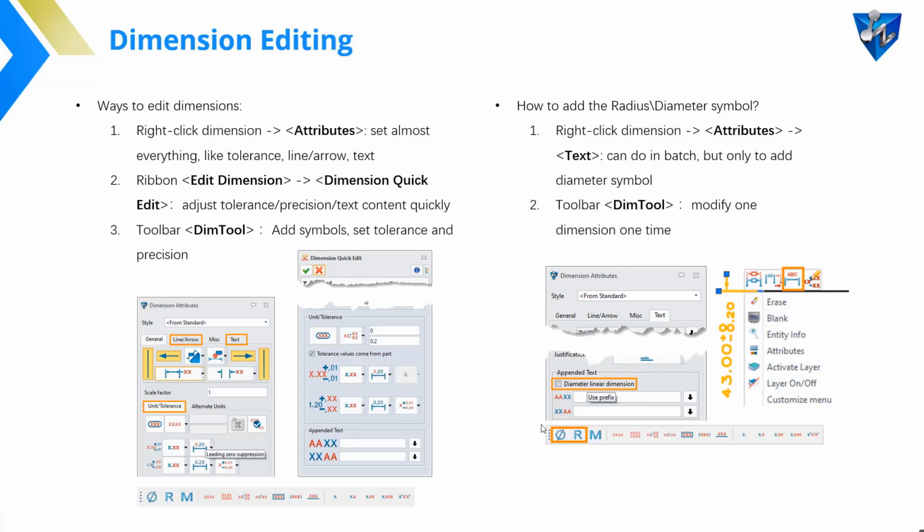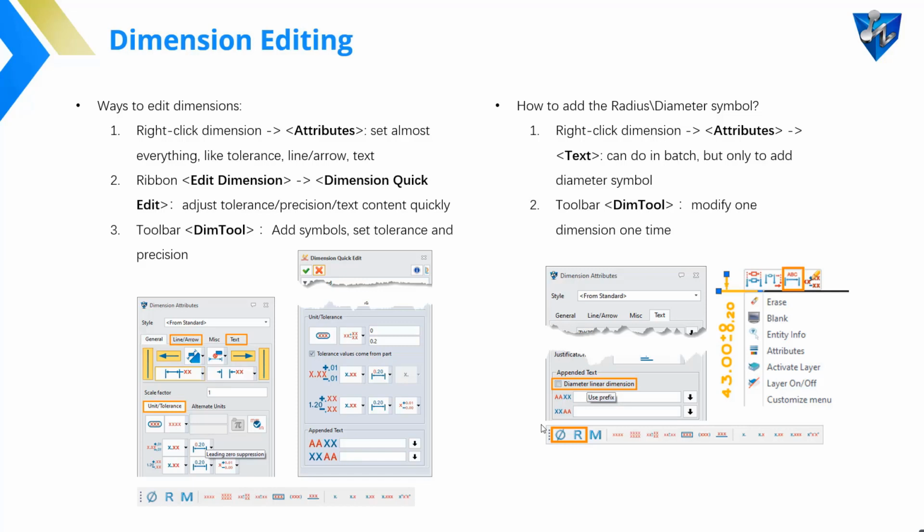Okay, after we create the dimension, we need to edit the dimension. So there are several ways to edit the dimensions. One is through the dimension attribute. We can set almost everything, and also we can modify the dimension from the ribbon, edit dimension.